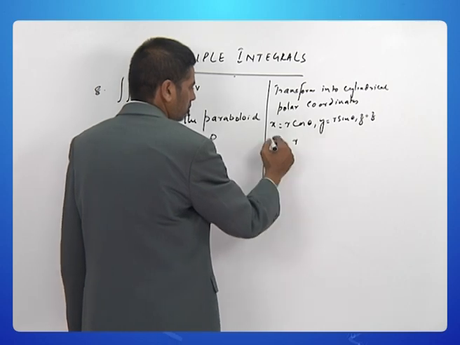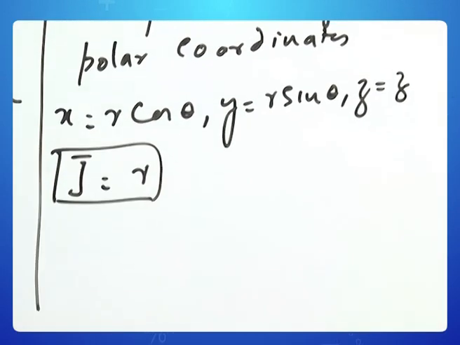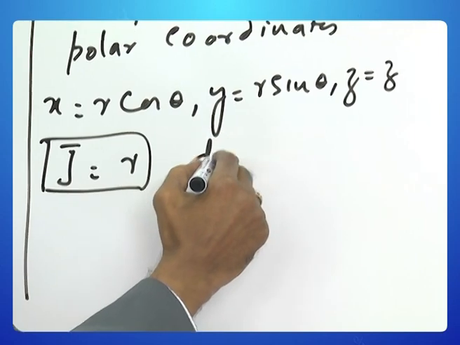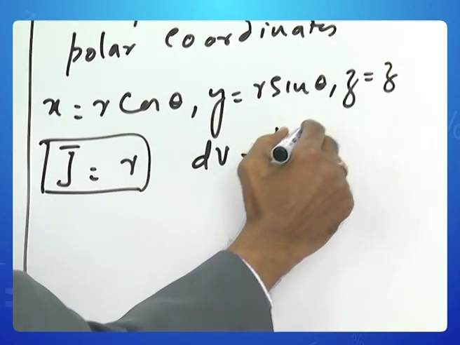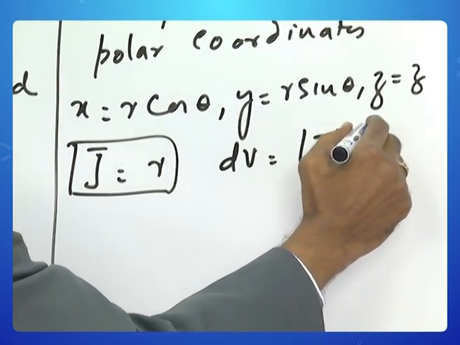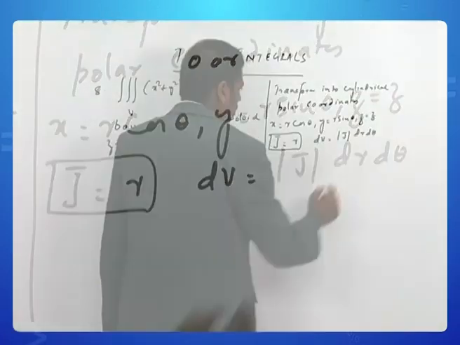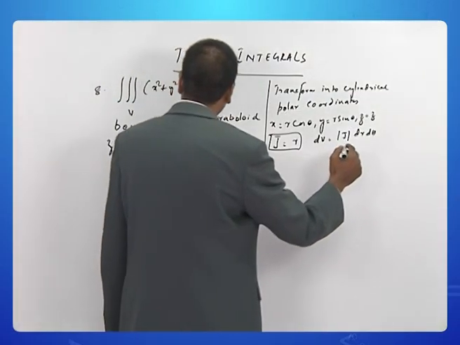The Jacobian of this transformation is r. So dv is equal to mod J dr d theta dz.